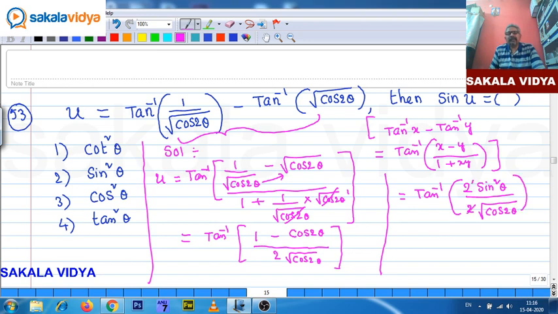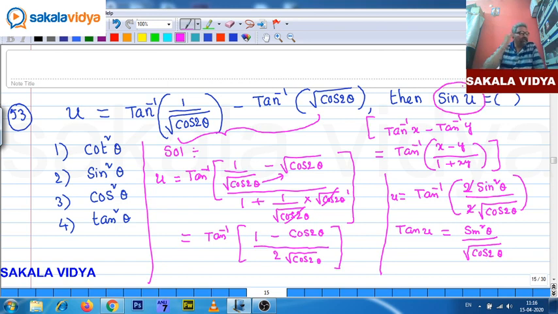This 2 gets cancelled. Now tan u is equal to sin square theta by root of cos 2 theta. But we are not asked tan u, we are asked sin u. As we know tan u, how can we find sin u?